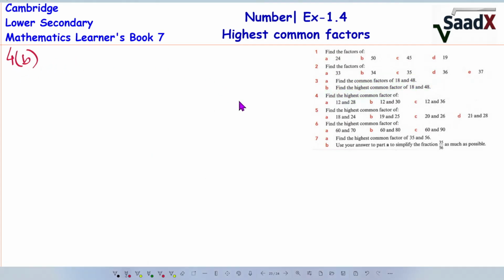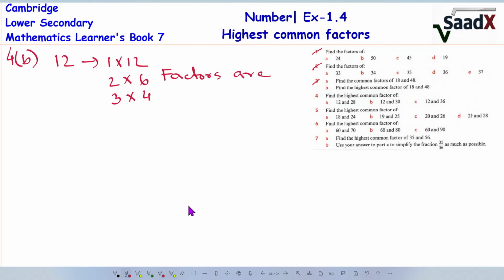4b. Here we will find out the common factor of 12 and 30. So first, the factors of 12. 1 times 12, 2 times 6, 3 times 4, right? So factors are 1, 2, 3, 4, 6, 12.